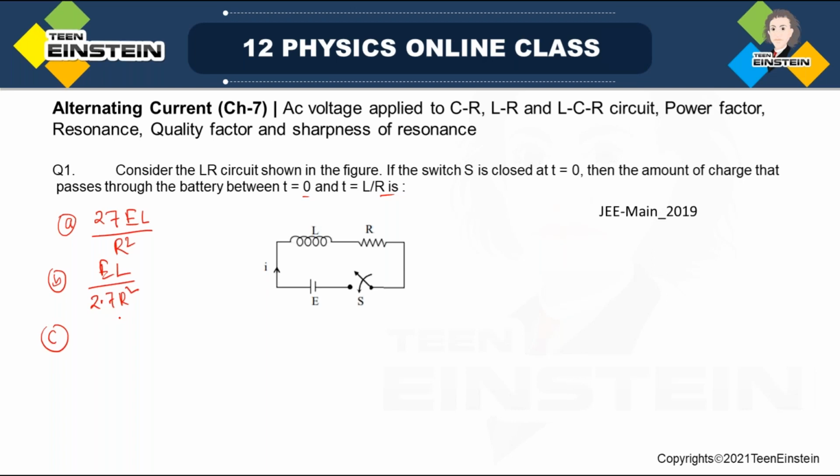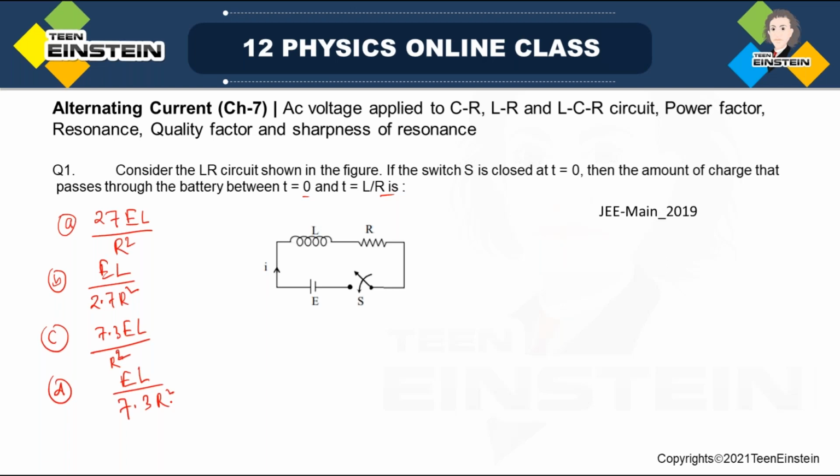Option C is 7.3 EL by R square. Or the option D is EL by 7.3 R square. These are the options. We have to solve it.